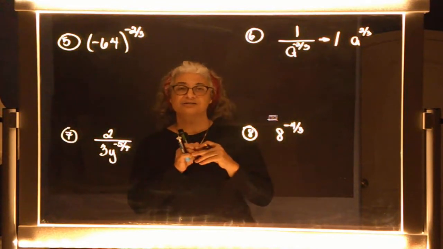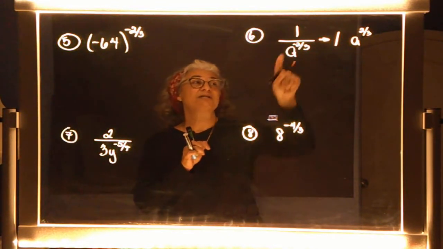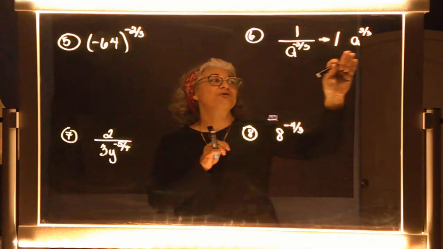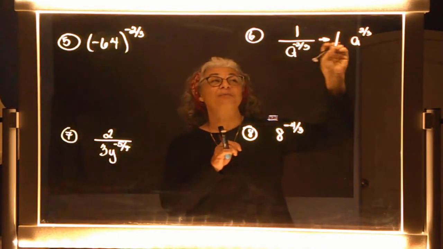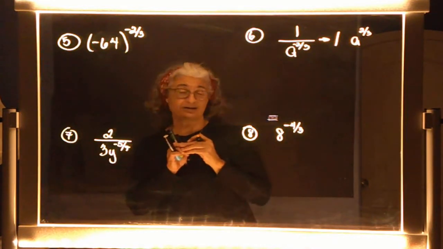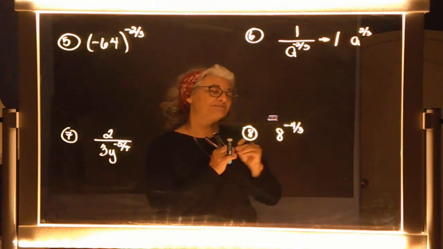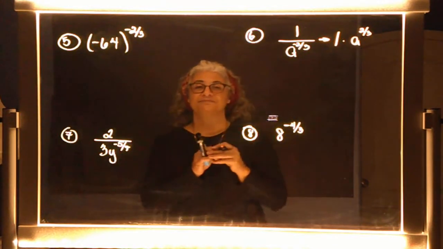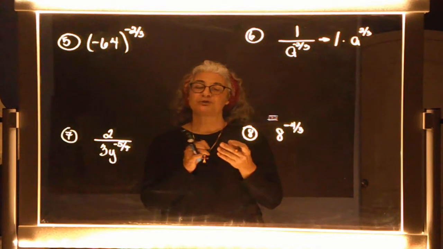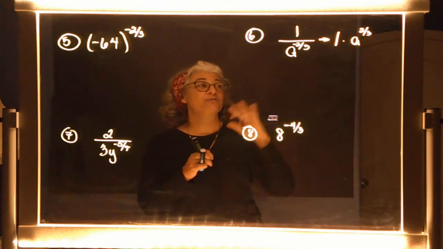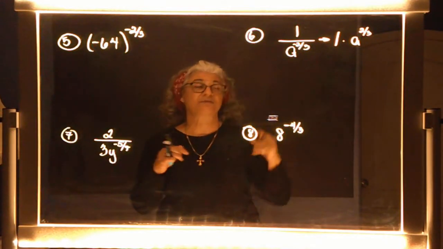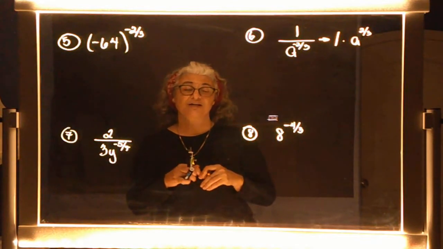It's in the right location. Now, this was a division problem, but as soon as you move this a to the top, this division problem becomes a multiplication problem. Division and multiplication are opposites of each other, so it makes total sense, okay?